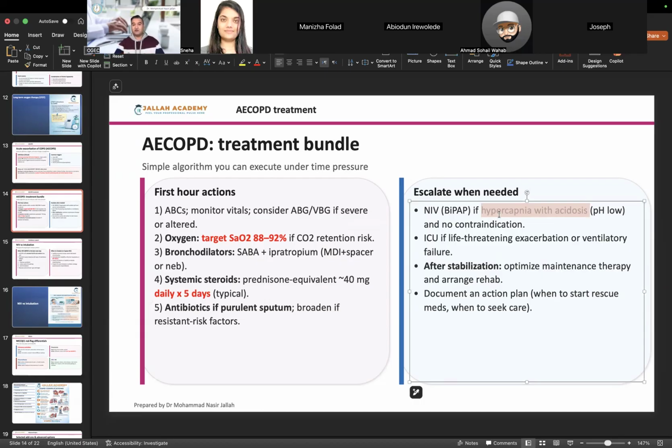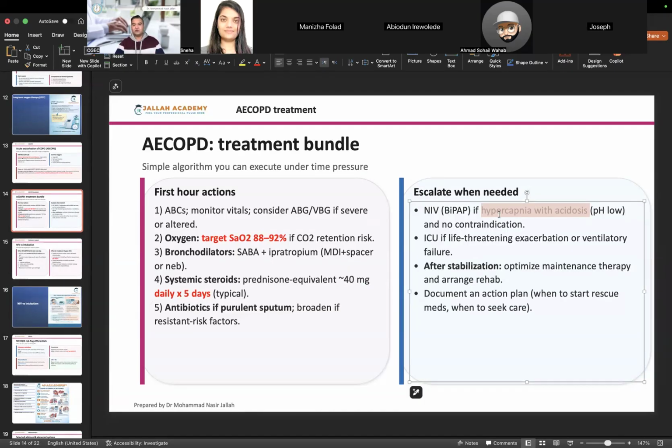So anything above 45, but the pH is low, less than 7.35. If the pH is less than 7.35 and PCO2 is more than 45, then I have hypercapnia and acidosis, which shows that the patient has hypercapnic respiratory failure.